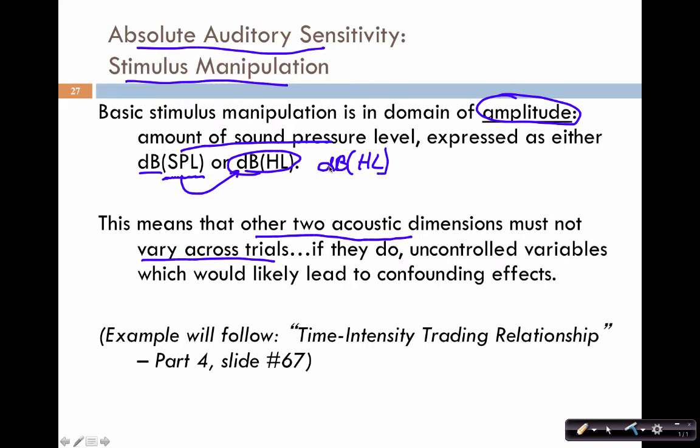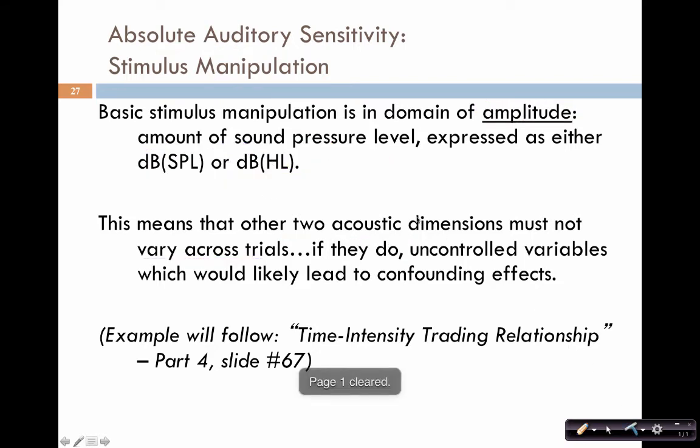And essentially, these can be measured in terms of dB SPL, but there's a table of values that adjust the actual physical dB SPL values to give you dB HL values. It's a mathematical transformation. It sounds the same. It's just a mathematical trick that we'll employ when we convert dB SPL to HL, and we'll talk about that in part 3 of this lecture slide set because it's an important mathematical transformation.